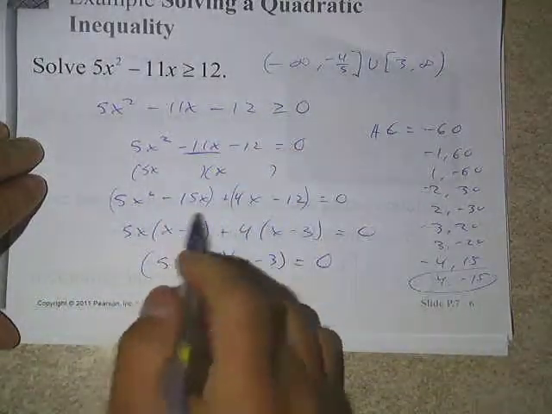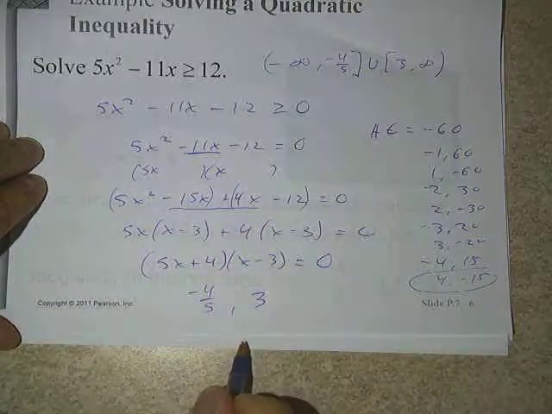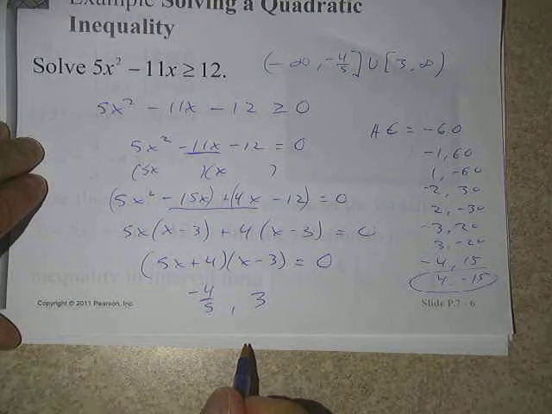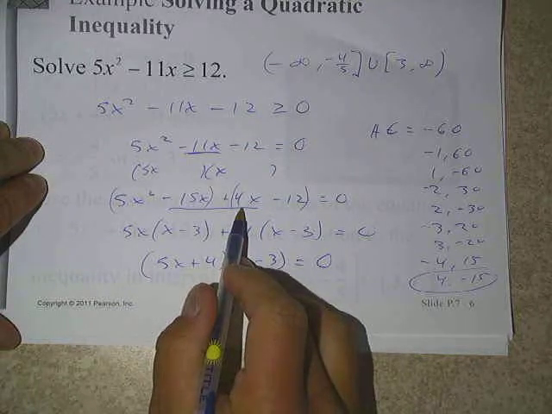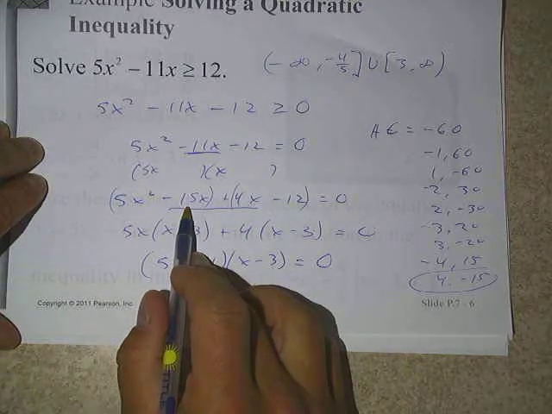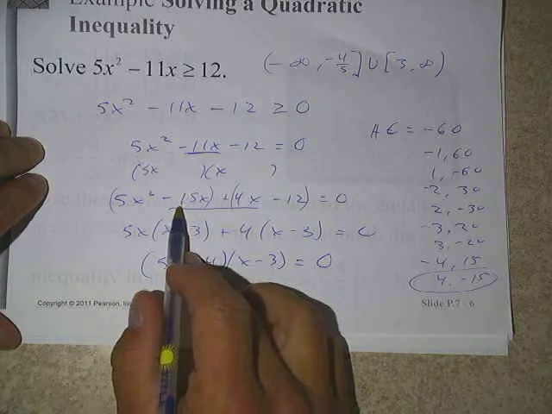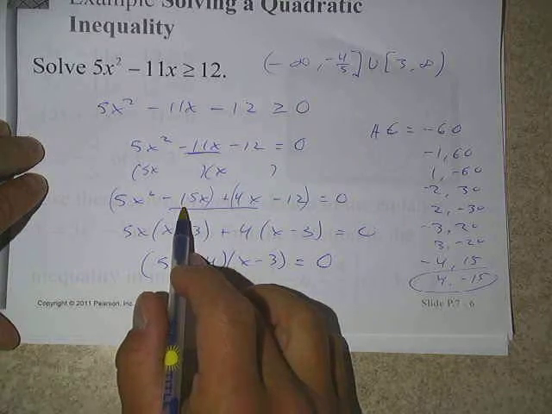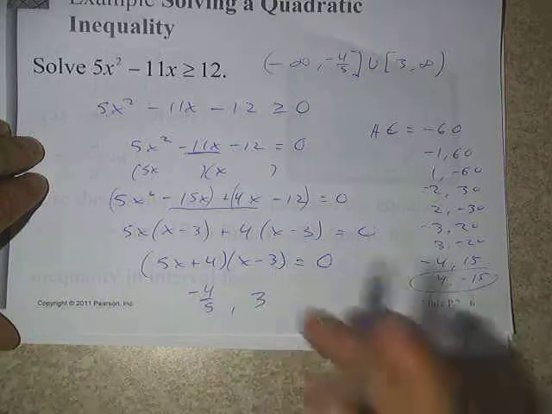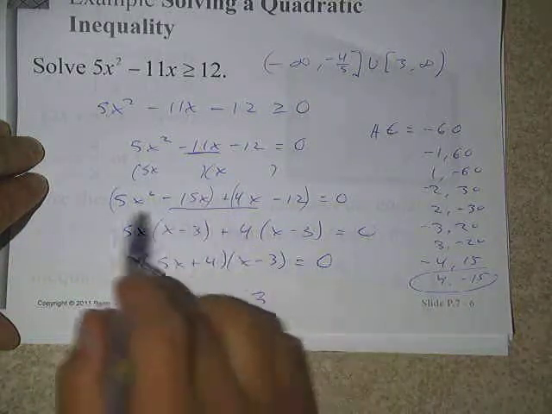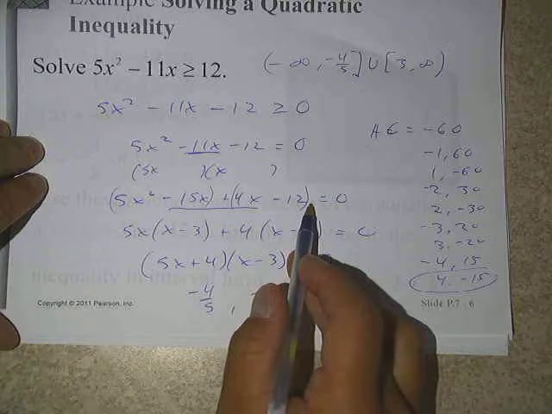Then what we want to do is take the middle term, which is negative 11x, and rewrite it as the 2 that I just found from my list, negative 15x and positive 4x. Just a hint here, notice I wrote the negative one first. If there is a negative 1, I would always write the negative one first, because it makes the factoring in the next step a little easier. It can be done either way.